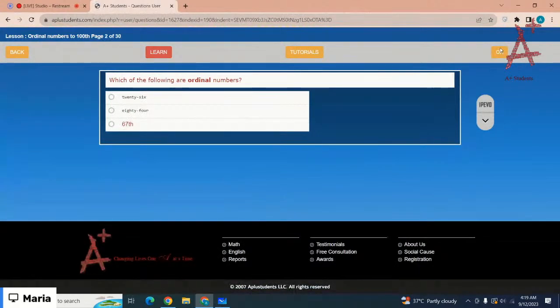Which of the following are ordinal numbers? Which is the correct option?